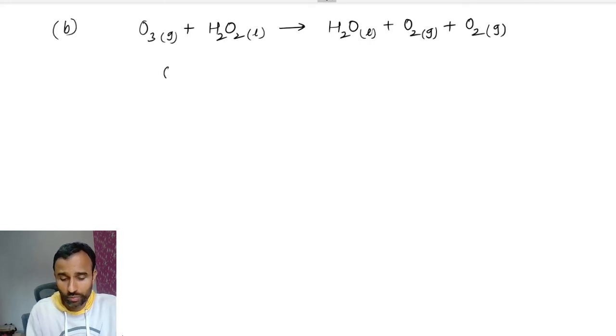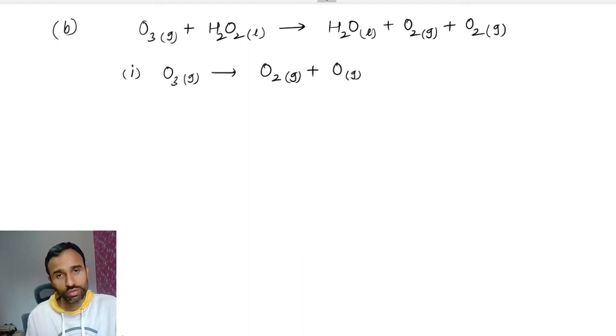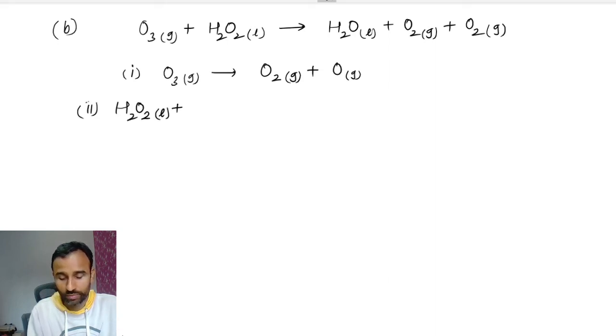Because it is an overall reaction. O3 gas gives one O2 along with nascent oxygen, and then in the second reaction, H2O2 reacts with nascent oxygen to give H2O liquid along with O2 gas.